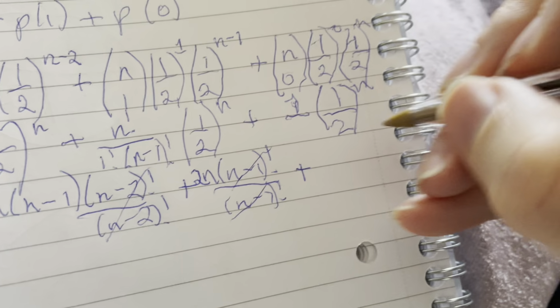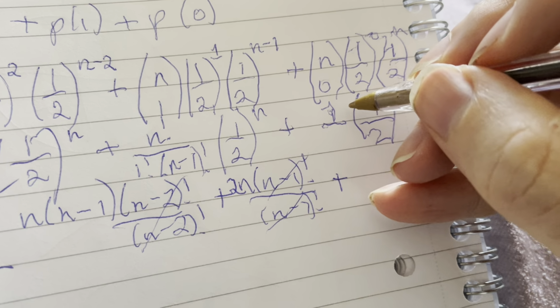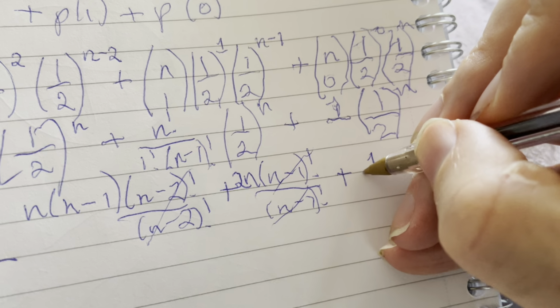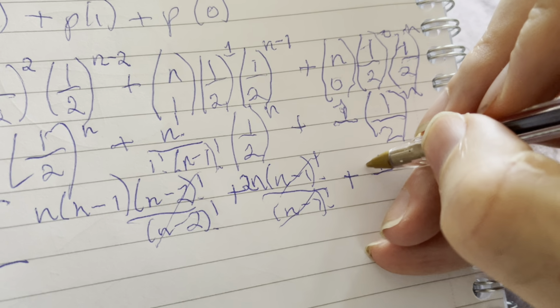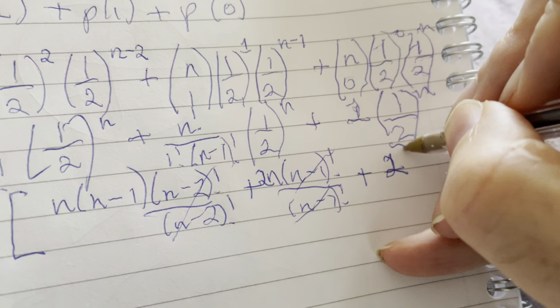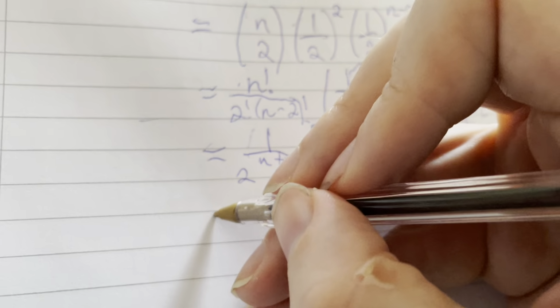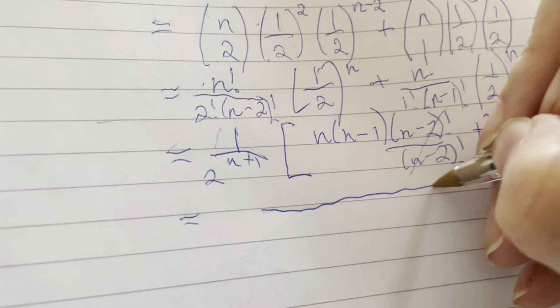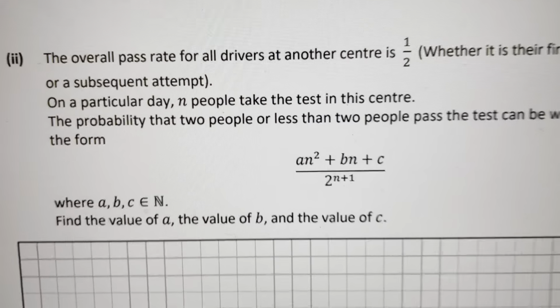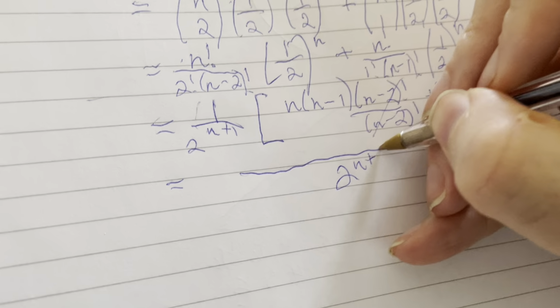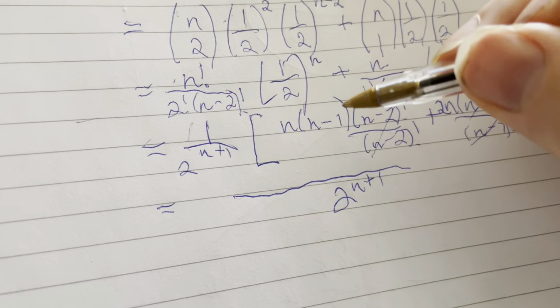This one, what have we got? Nothing. We just have a 1 because, oh no, we have the 2. Just have to be careful. Okay, so now it's starting to look like the answer. We have 2 to the power of n plus 1 underneath, and that's what we have, which is great. Always keep an eye on that.